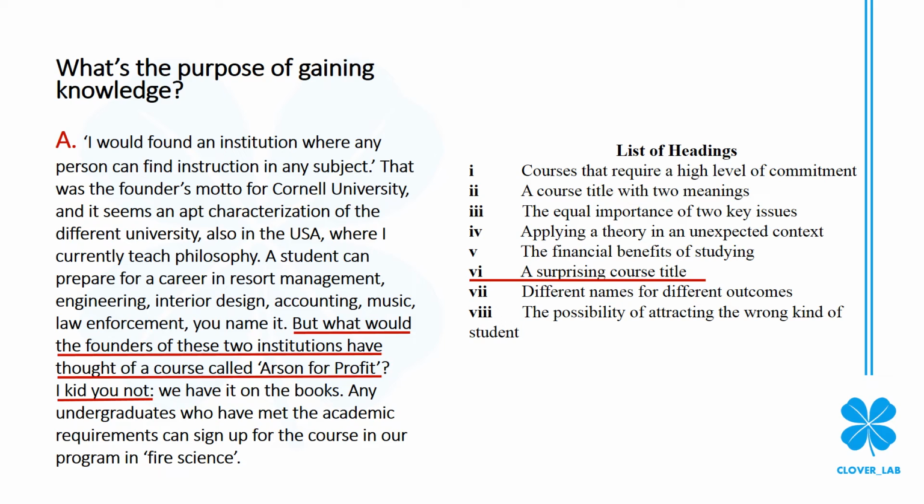We might not expect this course to exist, but it does exist. This is only one unexpected title, so it cannot be heading number 7. And the author doesn't mention anything related to its meanings. So yeah, it cannot be heading number 2 either. So then, the answer is heading number 6.